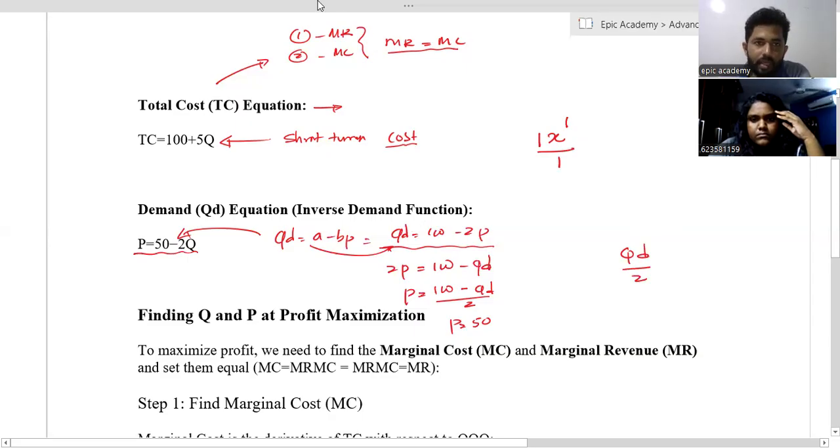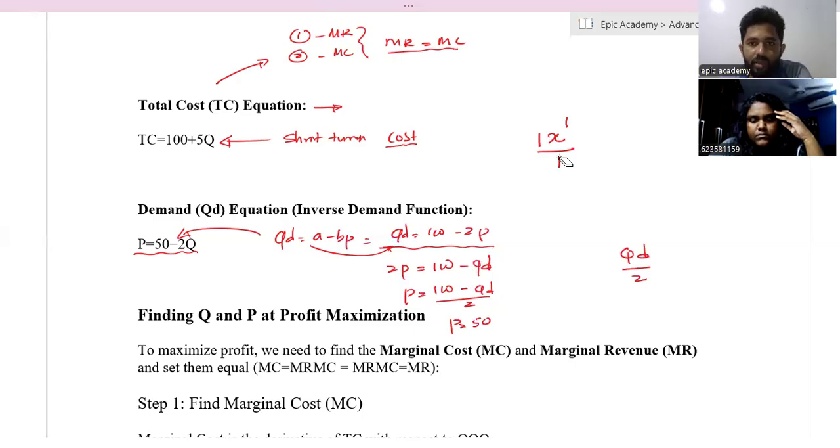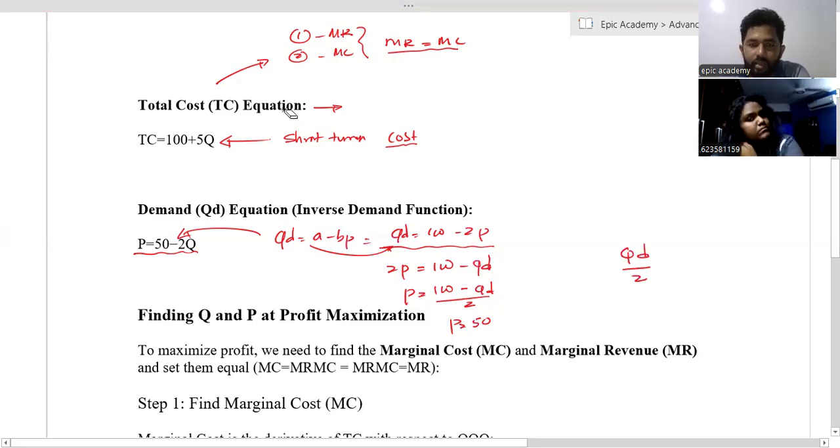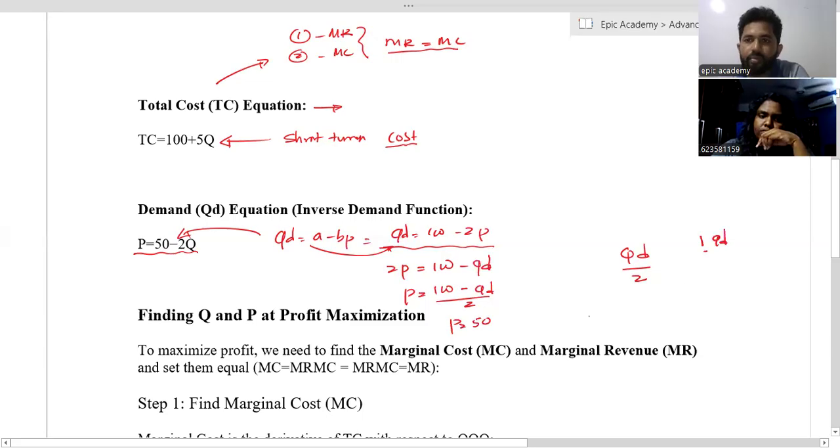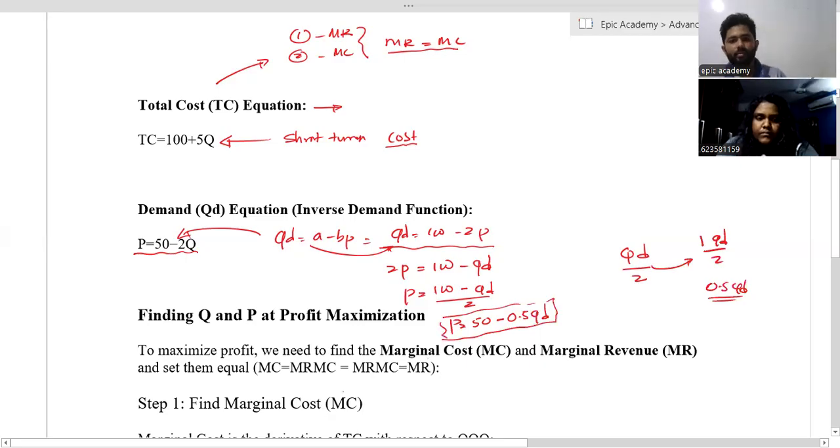Everything would be there, but we are not going to write down each and every component. So QD divided by 2 means 1 QD divided by 2. That is mathematics. So 1 divided by 2, 0.5 QD is the answer. So minus 0.5 QD. So you get the idea. Something like that equation is there.